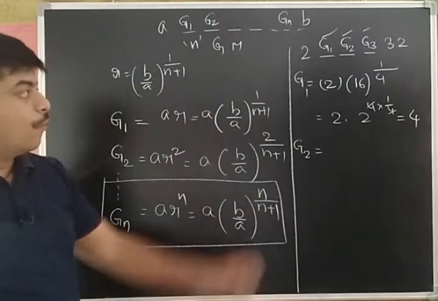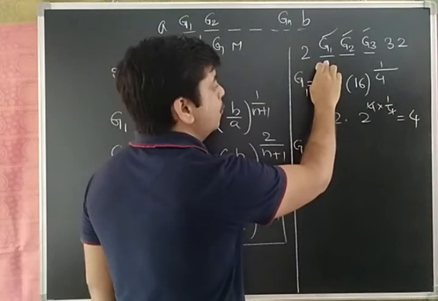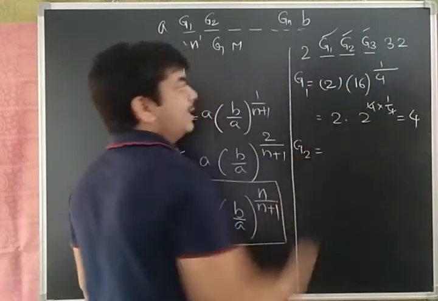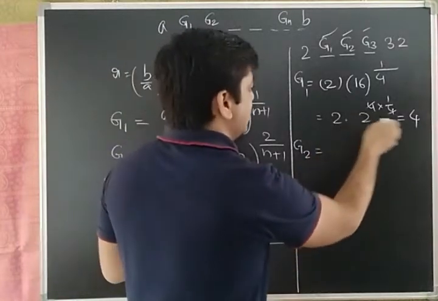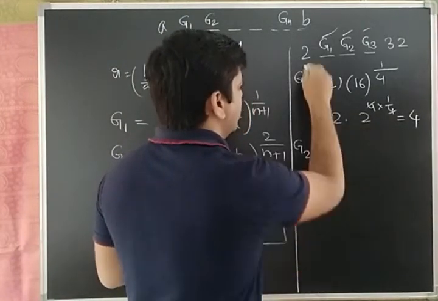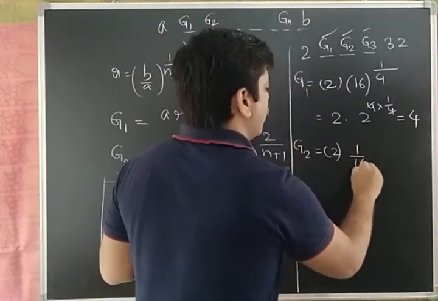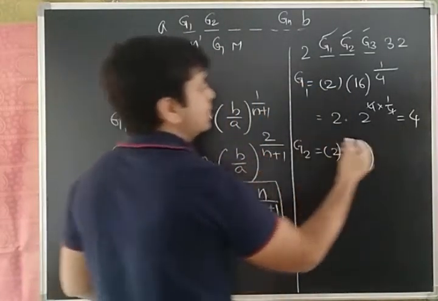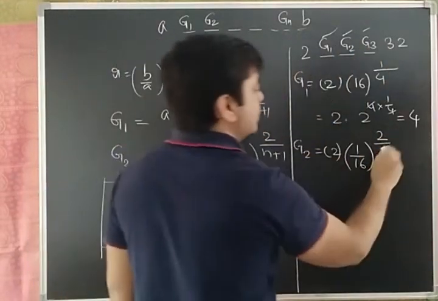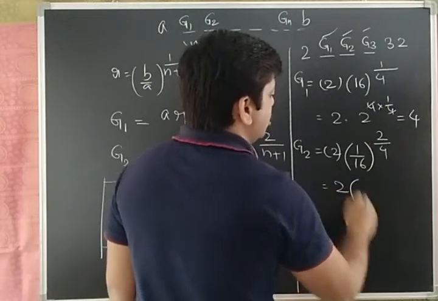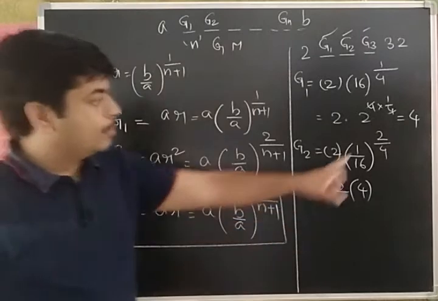Once you got G1, it's very simple. Here it is very simple. 2, then 4, the next one will be 8. So how do you get that G2? a into r square. So 2 into b by a, which is 16, 16 power 2 by n plus 1. What is n plus 1? n is 3, 3 plus 1 is 4. So 2 by 4 is 1 by 2.